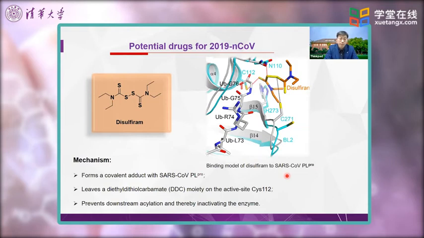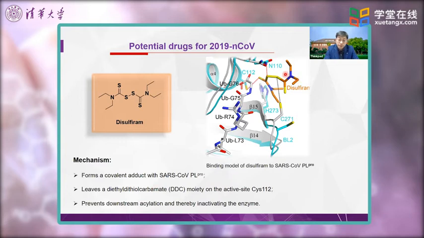First, let's look at disulfiram. The structure is relatively simple, and on the right part, we can see the binding mode of disulfiram to SARS coronavirus PL protease.